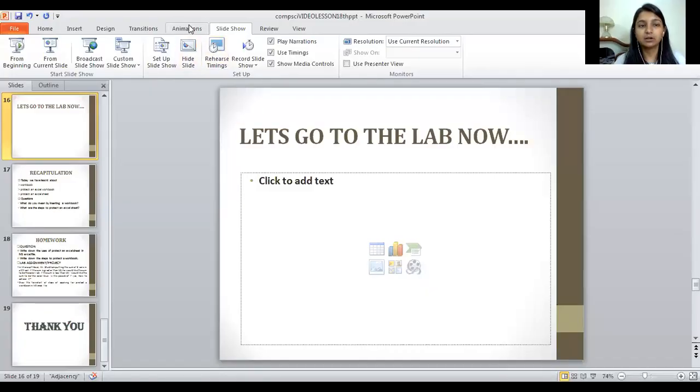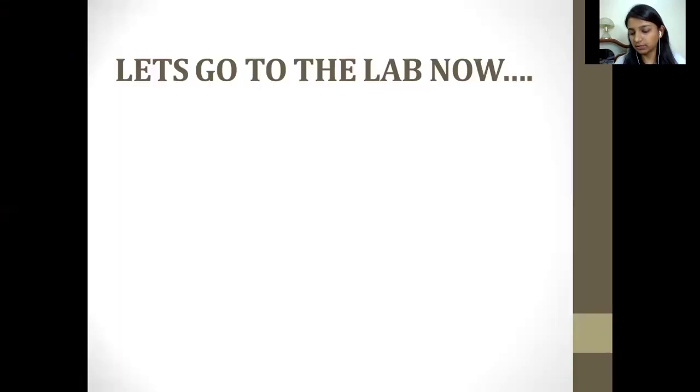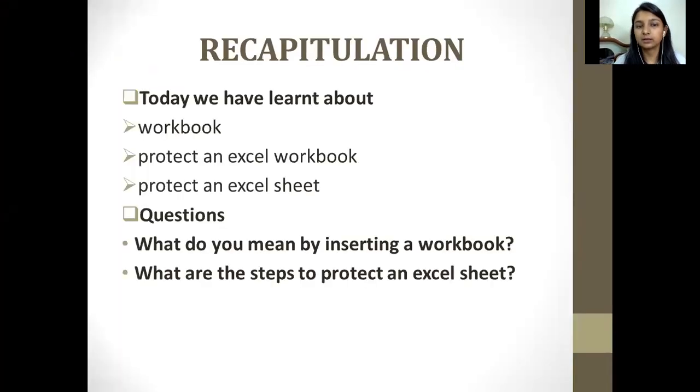That is, first of all, we have learned about the workbook, what is the workbook and how we can protect an Excel workbook. Then we also understood about the protection of Excel sheets, how we can apply passwords on it, and secure the sheets so that other persons could not access it. They cannot do any changing, moving, inserting, deleting, or renaming.